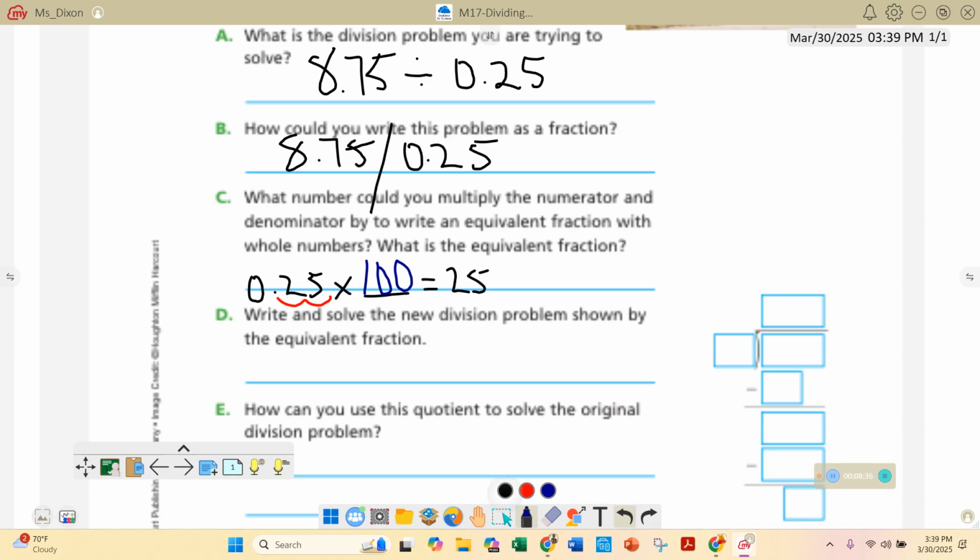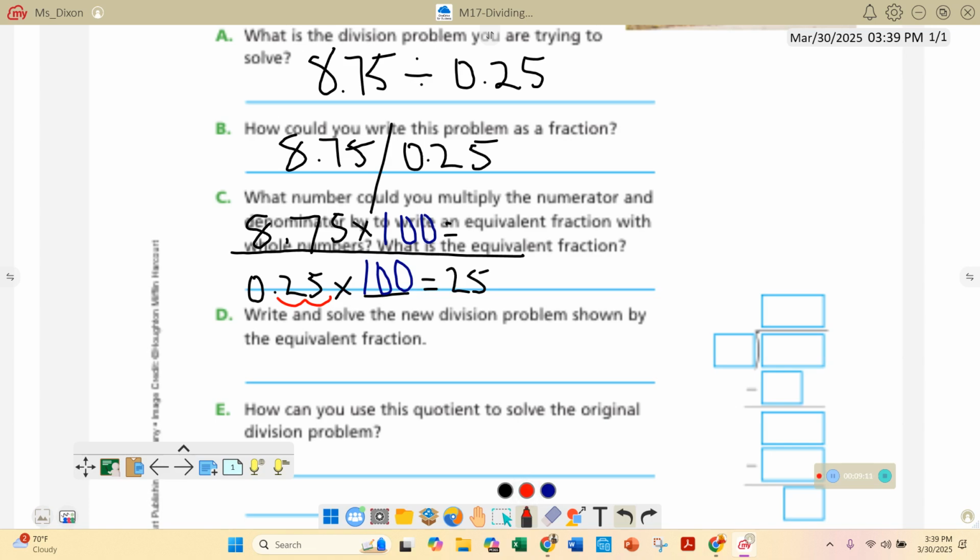Don't forget your rule. When you're dealing with fractions, what's the rule? Whatever you do to the denominator, you must also do to the numerator. So our numerator is 8 75/100. We want to multiply that one also by 100 because that's what we multiplied our denominator by.